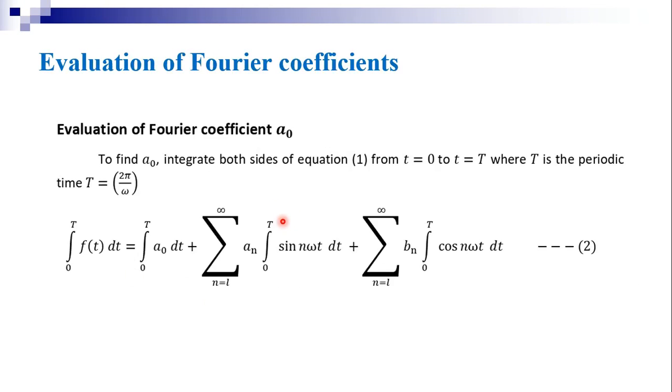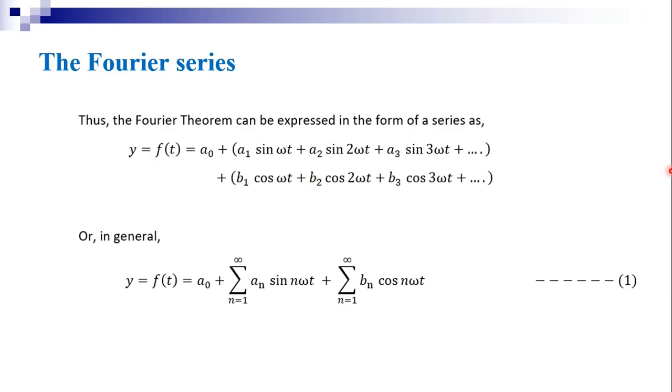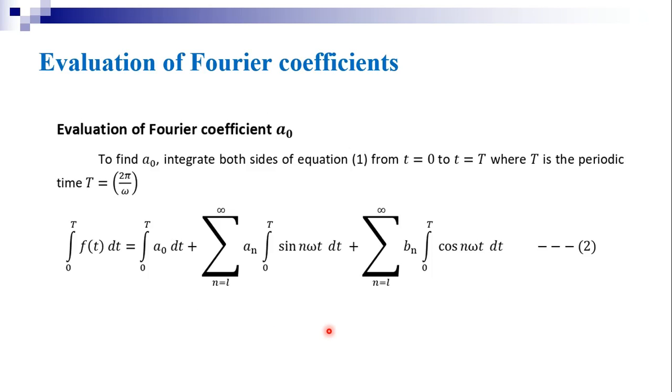Now let us consider the evaluation of Fourier coefficient a naught. To find a naught, we have to integrate on both sides of equation 1, within the limits time t is equal to 0 to time t is equal to T, where T is the periodic time, which is given by 2 pi by omega.